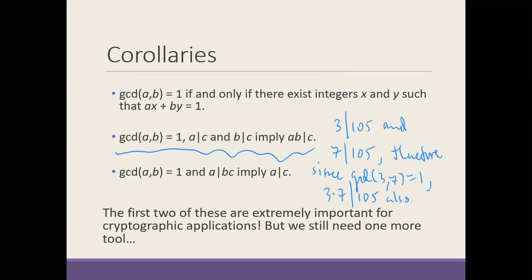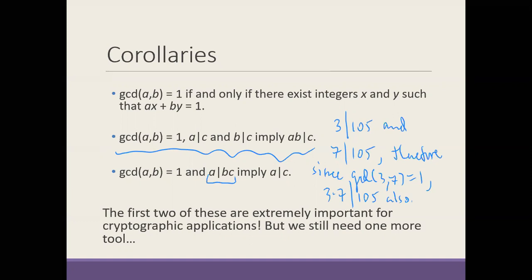If the GCD of A and B is 1 and A divides BC, then where is all the divisibility taking place? Is A dividing into B at all? Is there anything in B that's contributing to the divisibility of A into that product B times C?